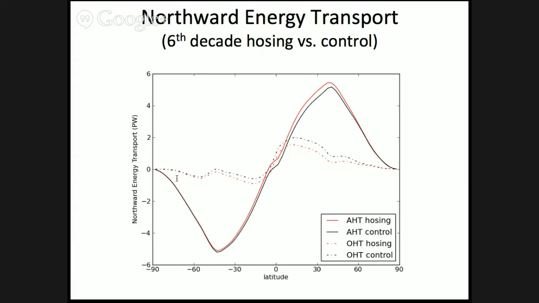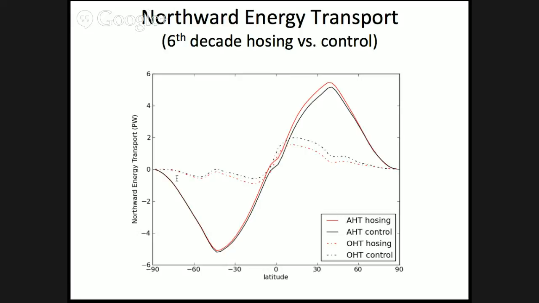So this figure is showing the anomaly of the northward energy transport. The solid lines are showing the atmospheric transport, and the dotted lines are showing the oceanic transport. The red color is for the hosing experiment, and the black color is for the control experiment. Comparing the two atmospheric heat transports, you see that in the hosing experiment, the atmosphere transports more heat from south to north.